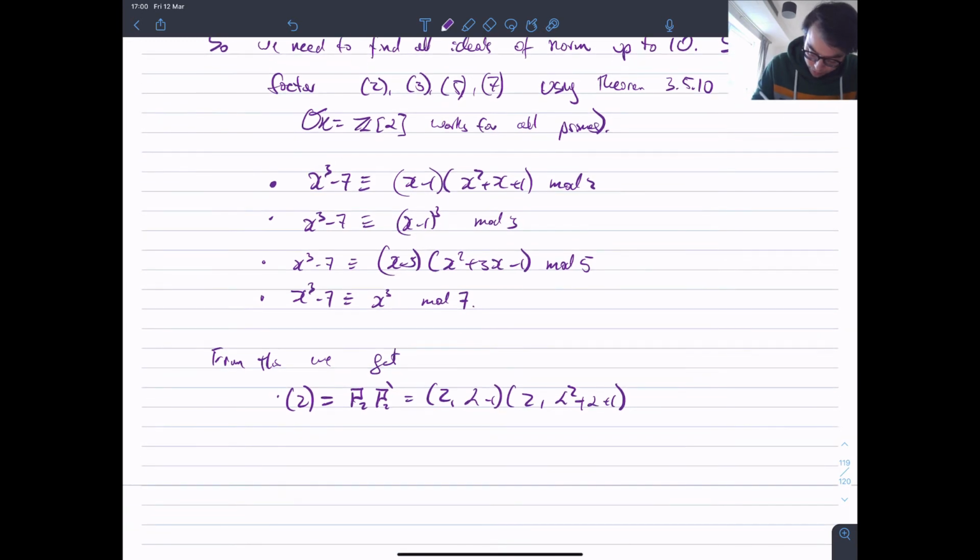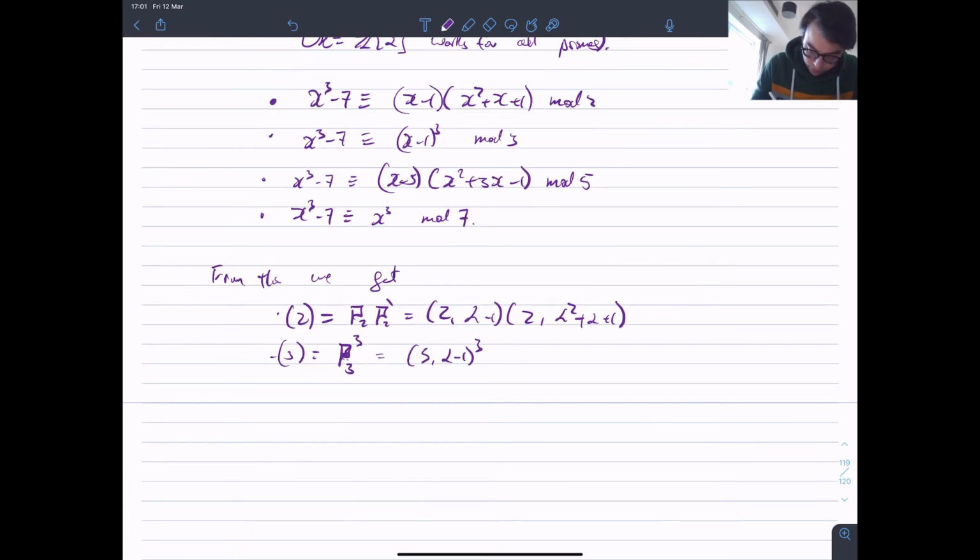This is what these ideals are. 3 factors as P3 cubed. Oh, sorry, I made a typo in the notes. It's P3 cubed, and this is just (3, alpha minus 1) cubed.